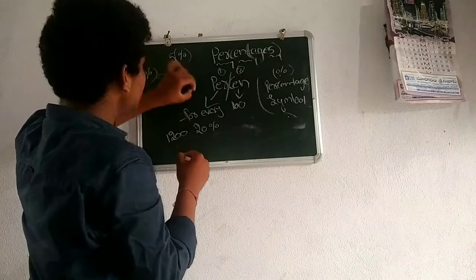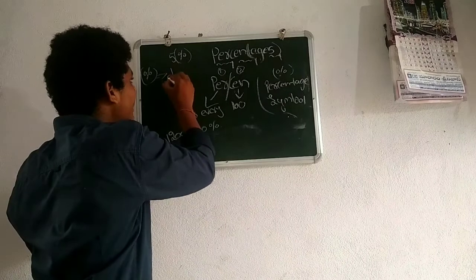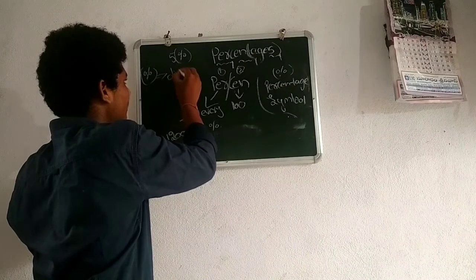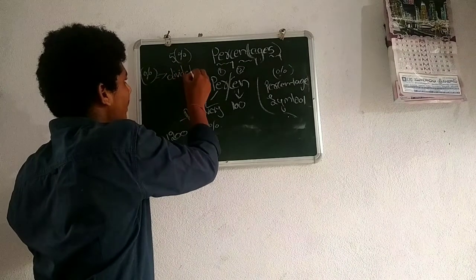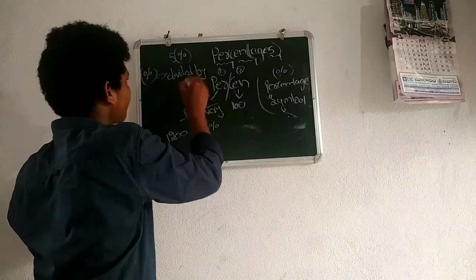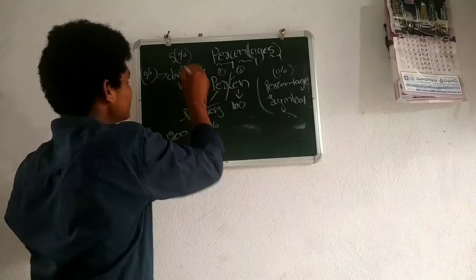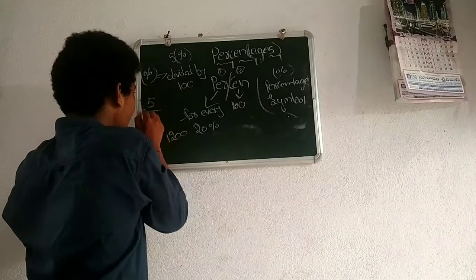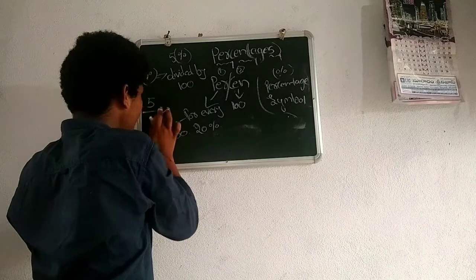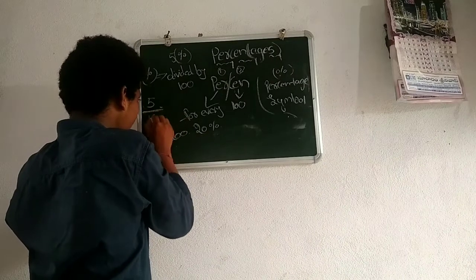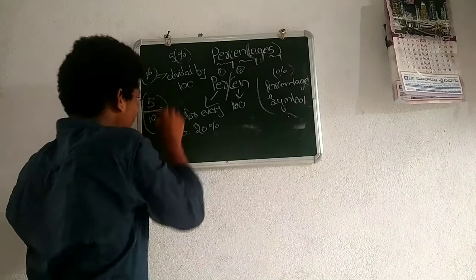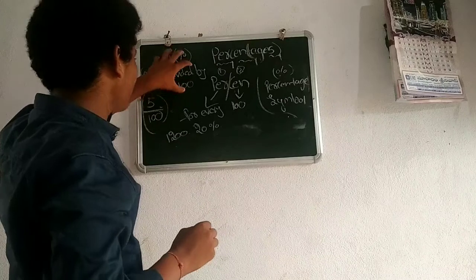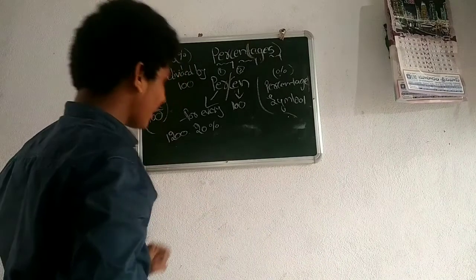This percent symbol denotes divided by 100. Divided by 100 means here numerator 5 divided by 100. If we get this problem, we will write it like this. Okay, note it down.